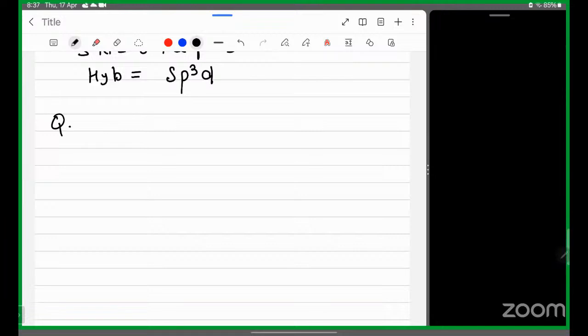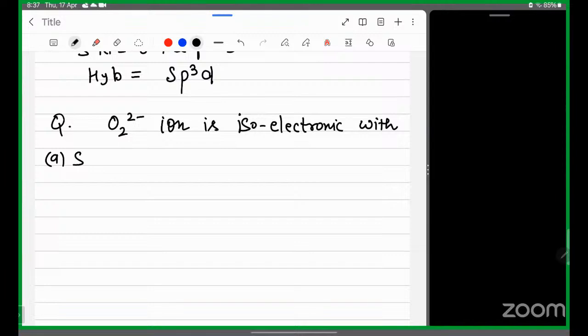Next question: O2 2 minus ion is isoelectronic with option A sulfur, option B F2, option C N2, option D Cl2.